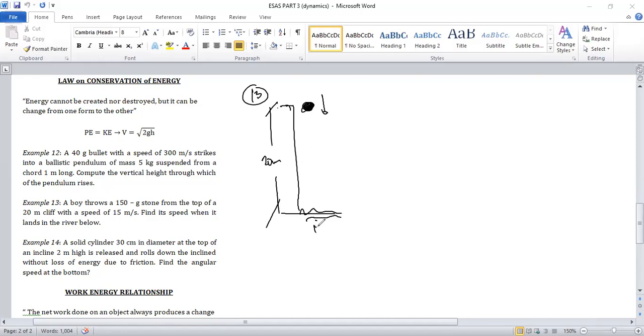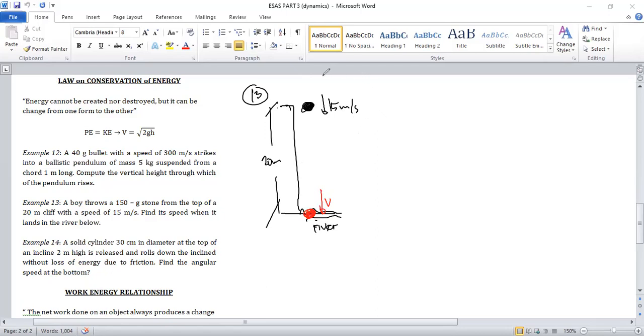So this would be the river. The initial velocity of the stone is 15 meters per second, and the stone hits the river at a given velocity v.